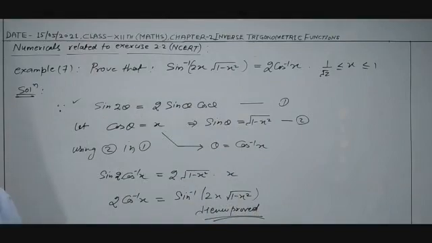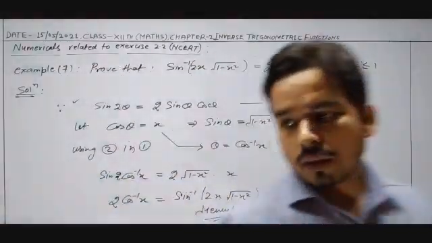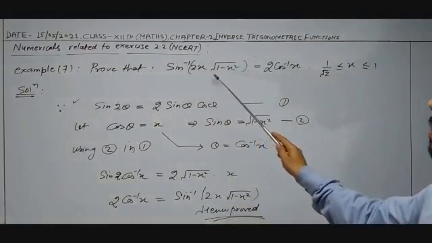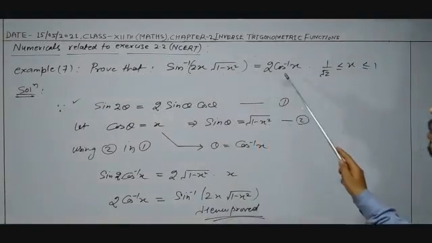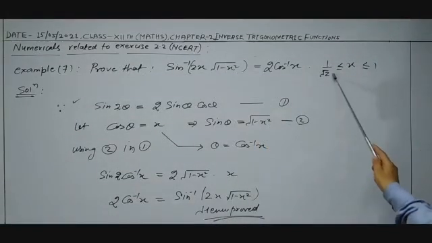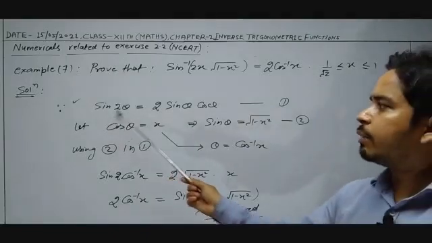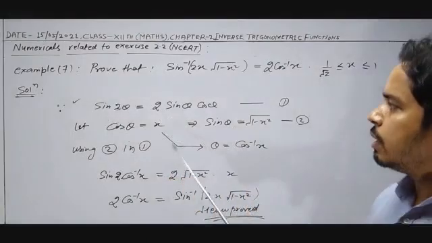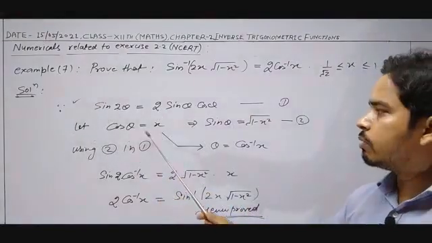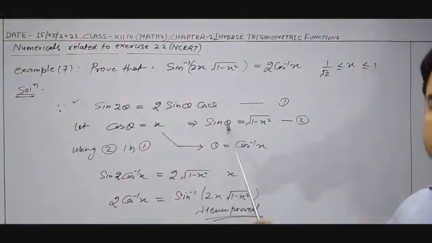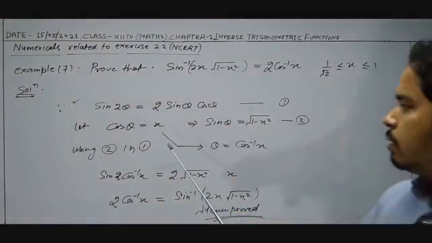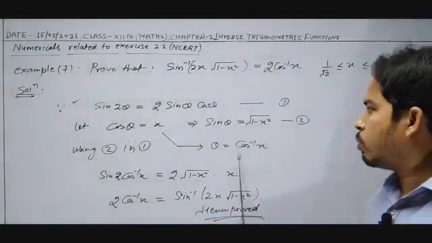So again see, sin inverse 2x root over 1 minus x square is equal to 2 times cos inverse x, where x is greater than or equal to 1 by root 2 and less than or equal to 1. So you know the formula, sin 2 theta is equal to 2 sin theta into cos theta. Let us consider cos theta is equal to x. Then sin theta will be root over 1 minus x square, and theta will be equal to cos inverse x.